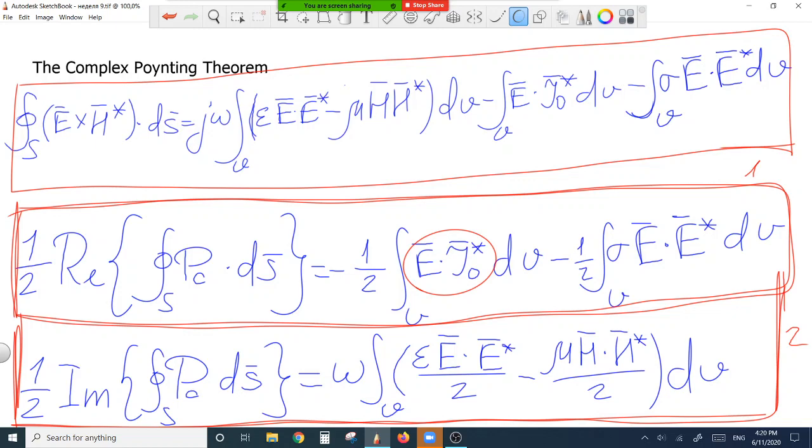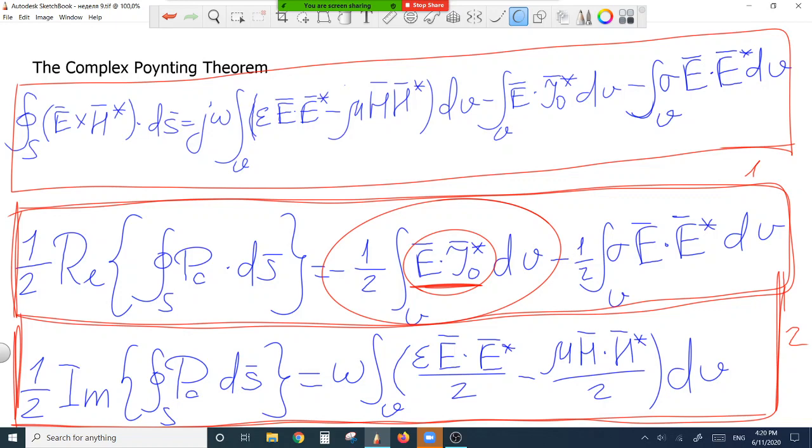Respectively, E multiplied by J complex conjugate is positive for receiver and negative for transmitter.